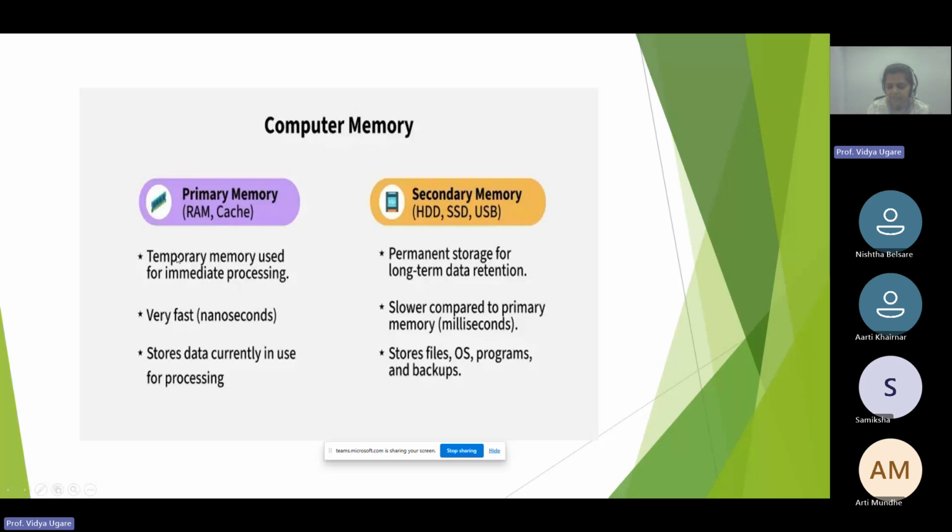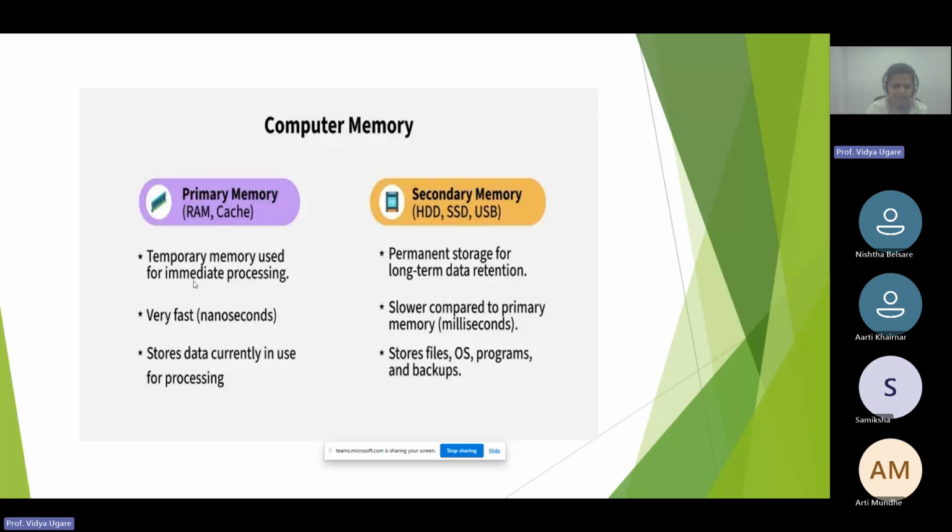Now these are very much temporary but very fast, for immediate processing, but very short in storage. It is not available like you want to store, let's say, TB data, GB data, hundreds of GB. No, it is not available in that much storage capacity.